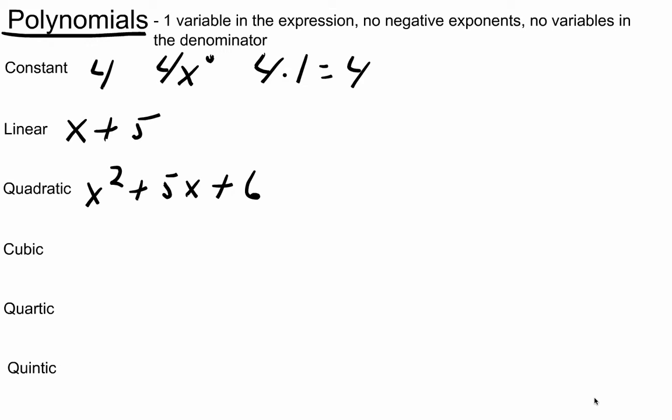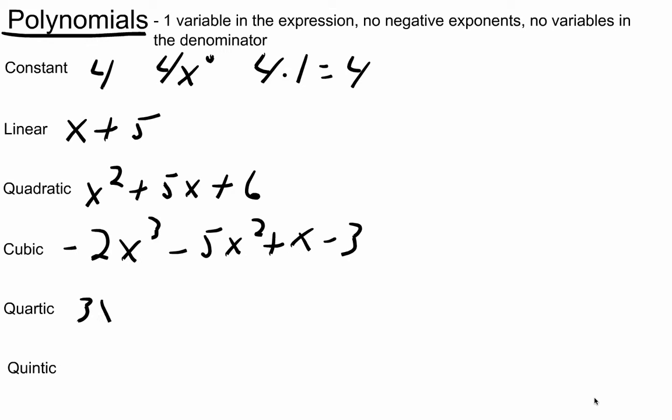Cubic is going to be in this form: negative 2x cubed minus 5x squared plus x minus 3. So for cubic, the highest exponent is going to be 3. And quartic is going to be to the fourth power, so we could have something like 3x to the fourth power minus 2x plus 5.